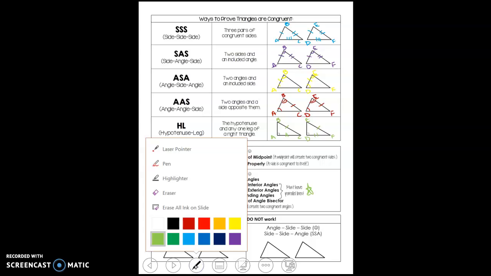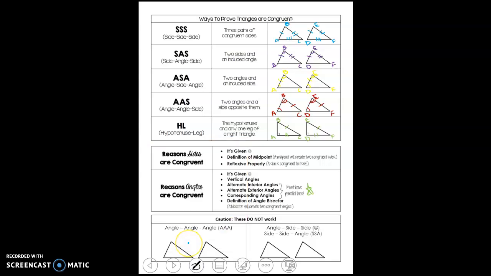So now let's talk about these two things down here. So angle, angle, angle. If we were given triangle ABC and DEF, and we were just given that all of these angles were congruent to each other, then we still don't really know if these two triangles are congruent, because those side lengths could be any side length that we want.